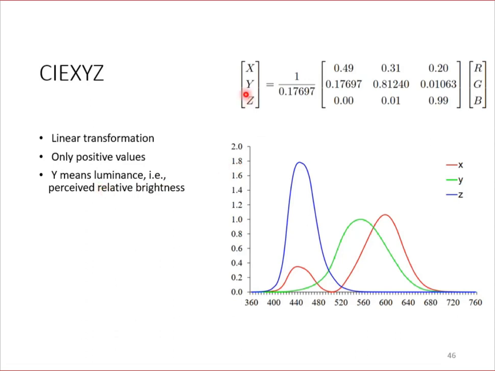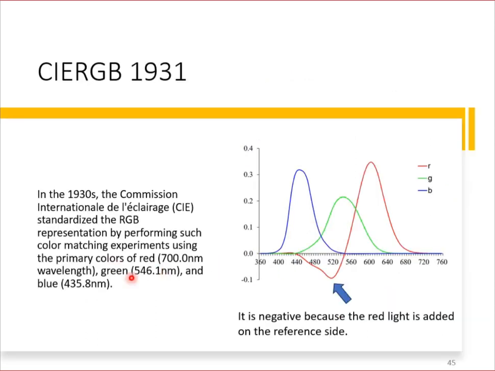So take a look at this Y. Y is equal to a vector, and this is part of the red, and this is part of the vector of green, and this is the vector of blue. So you can see the number is very large, 0.8. So what does it mean? It means green light in this wavelength contributes the most feeling of brightness to color.